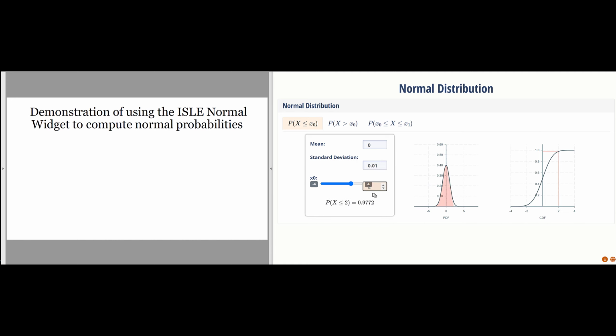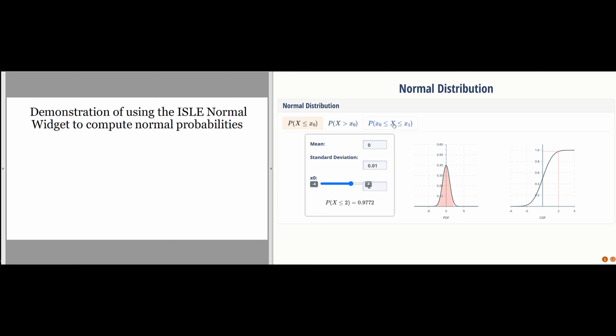Okay, so notice that if I increase my x0 to 2 standard deviations above the mean, now I've got 97.7% probability of selecting a value that is less than 2 standard deviations above the mean value. I can also ask for probabilities of being greater than x0. So in this case, that's going to be 1 minus the probability of being less than or equal to x0.